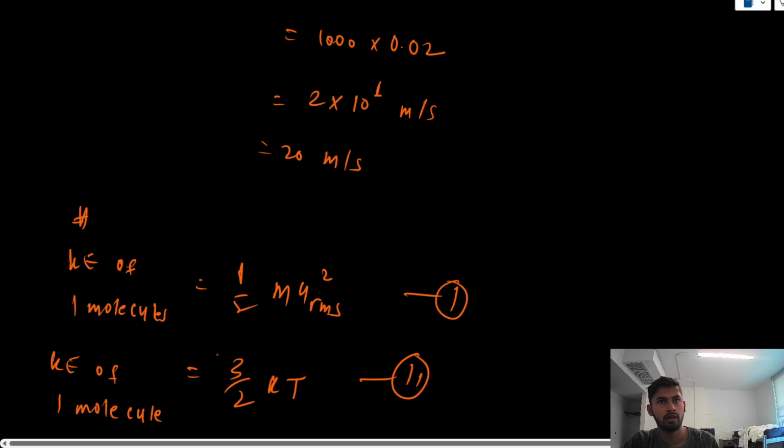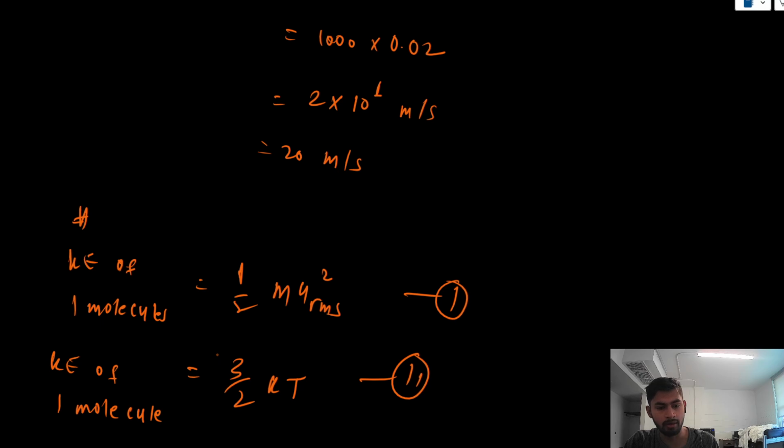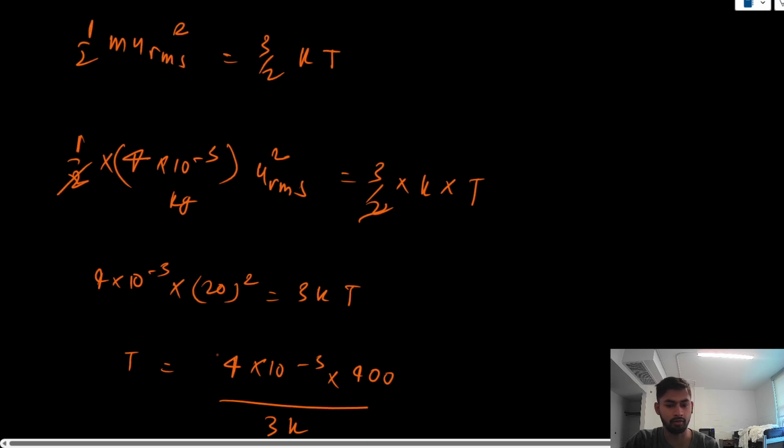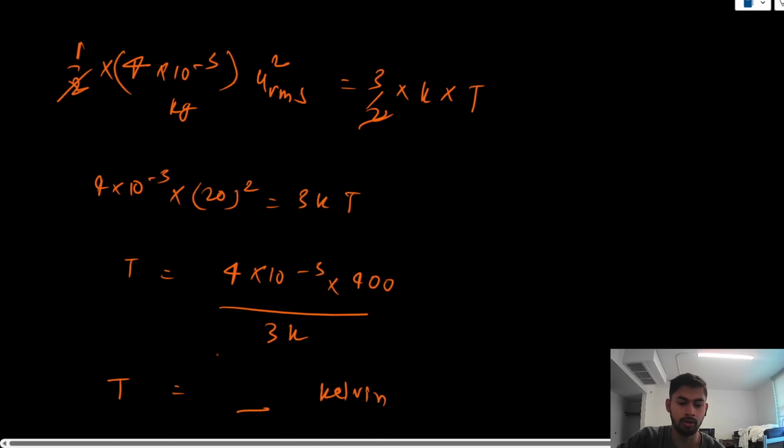A general kinetic energy formula is 1/2 mv squared. Using that equation and the equation that we derived in this module for one molecule, which is 3/2 kT, if we equate both, then we can easily compute the temperature in this problem.